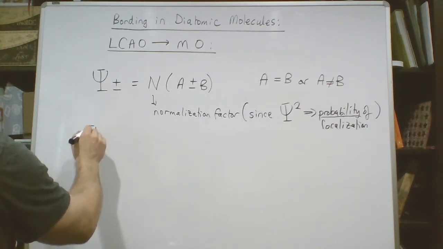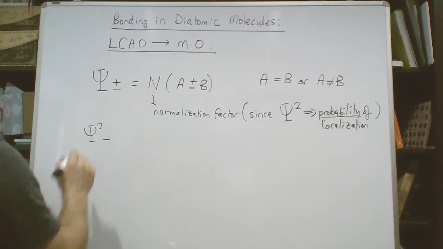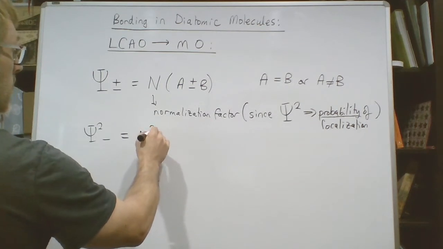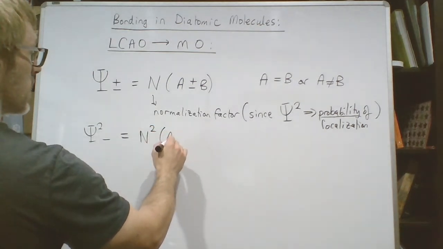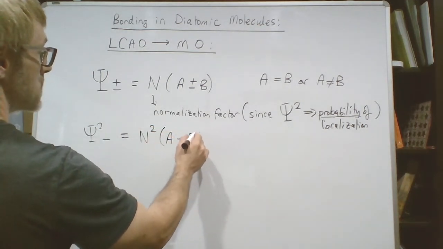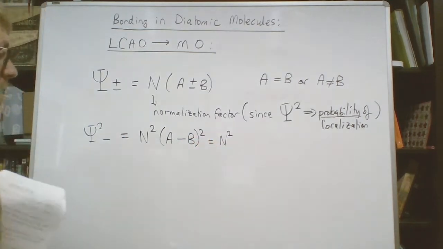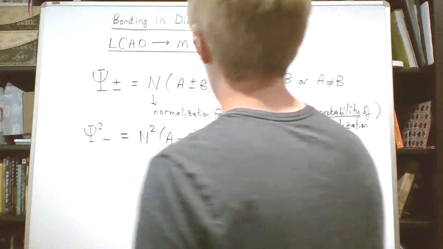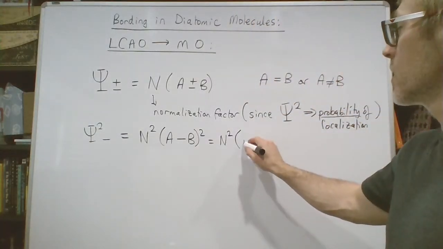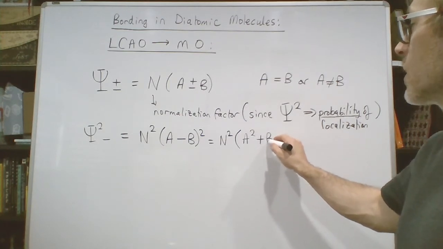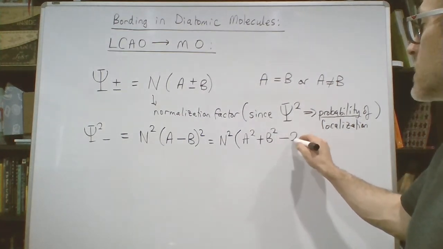So when psi squared is the negative case, then we'd have N squared (A minus B) squared, which would be N squared, the normalization factor, and then we'd have A squared plus B squared minus 2AB.